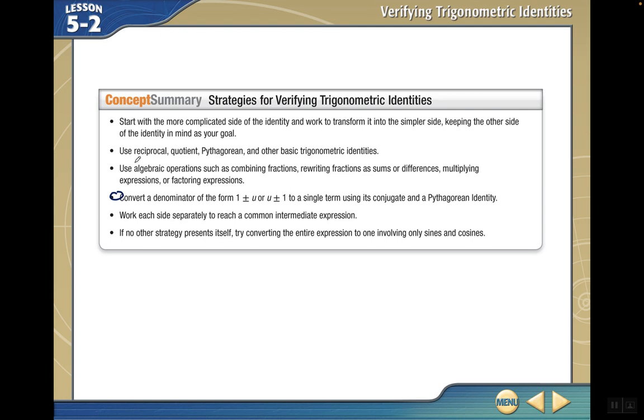And then just keep checking your reciprocal identities, your Pythagorean identities. And this one, I don't know why it's listed last. It says if no other strategy presents itself, try converting the entire expression to one involving only sines and cosines. I actually tend to do that early on. If I don't see anything that jumps out at me right away, I do that. But like I said, I do like working with sines and cosines.